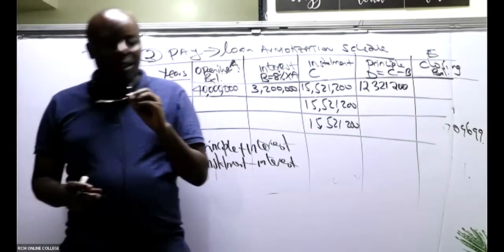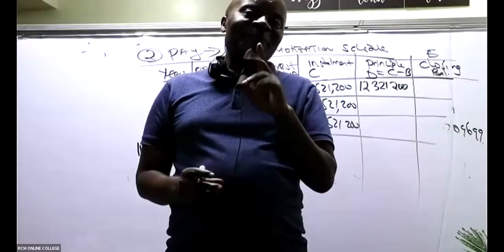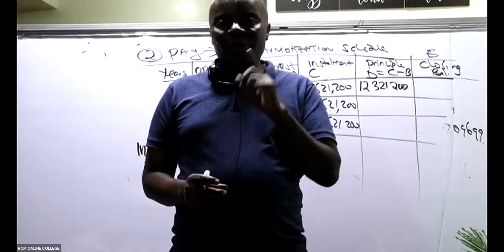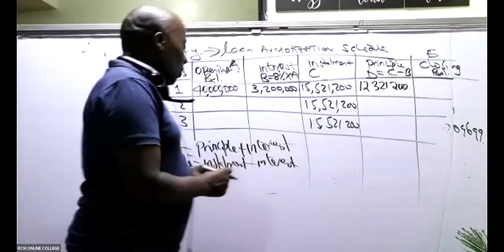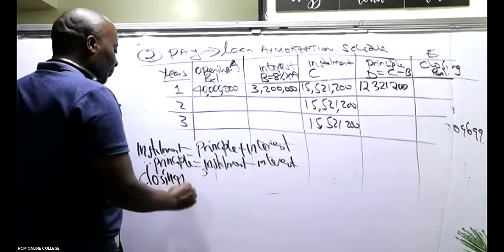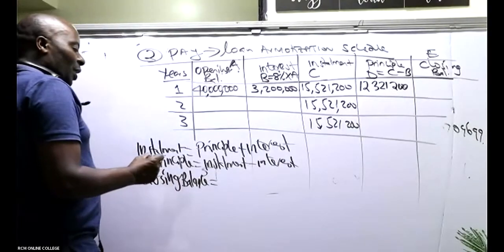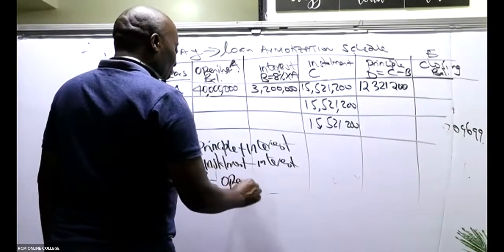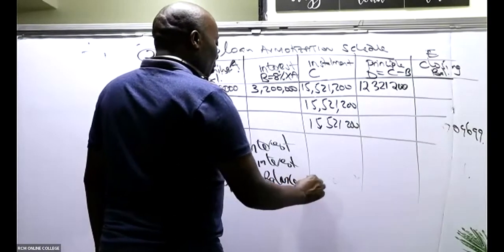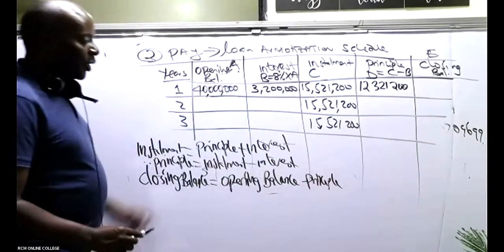Yeah, great. So in this case, remember, your balance can only be reduced by the principal payments, nothing else. So in short, for us to get the closing balance, we shall take the opening balance and subtract the principal.